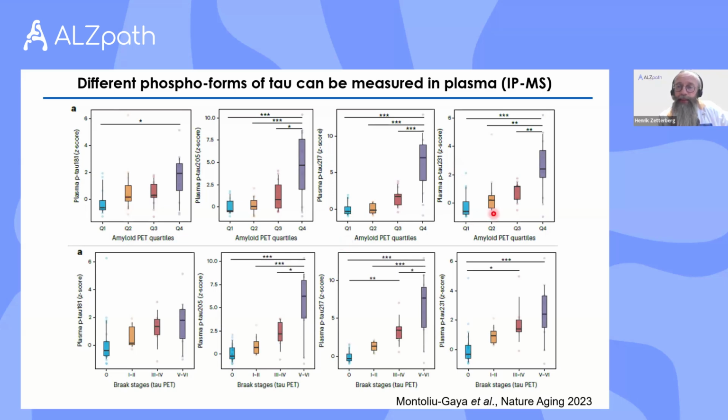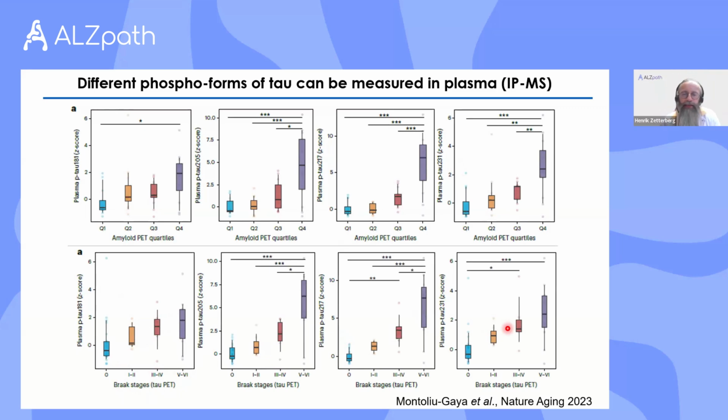And then if we look at the relationship with tau pathology, you see a relationship, and it's pretty clear for 205 and 217. And perhaps it's there, but less clear also for 231.